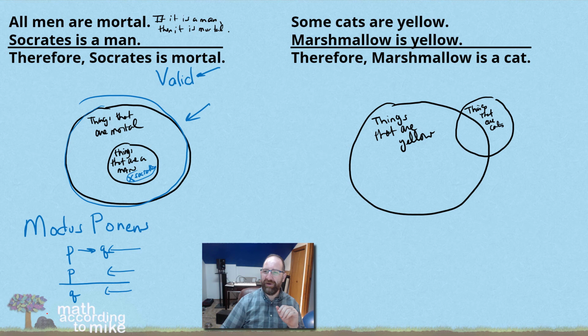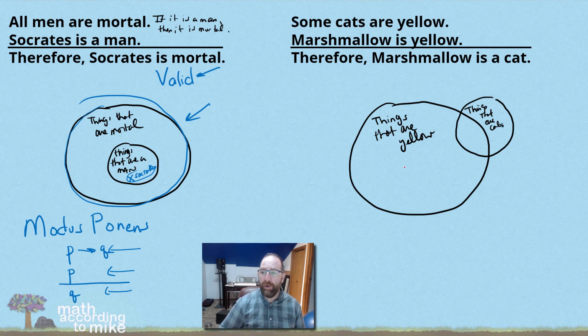You'll see. Okay. Marshmallow is yellow. All right. Assuming that premise is true, where do we put marshmallow? Well, here's the fun part. We know Marsh has to go inside the yellow circle, which is the larger one.